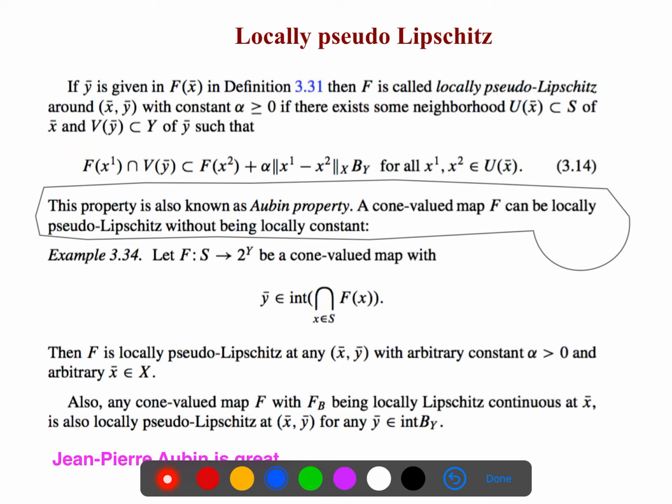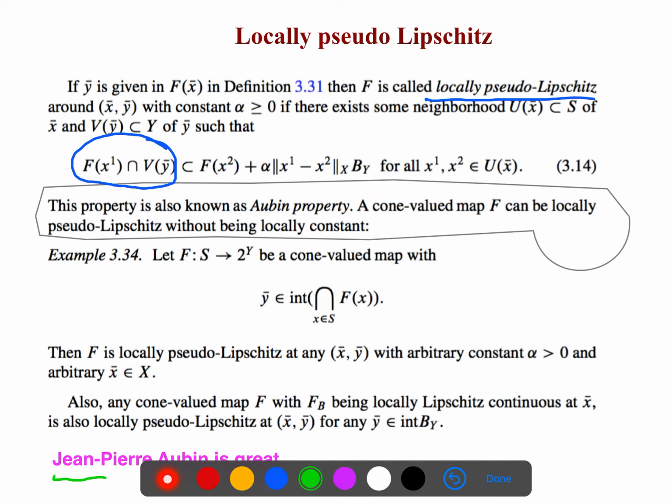And of course, we can generalize it. If we just take the intersection between F of x and V, then this new concept, which is called locally pseudo-Lipschitz, defines a set-valued map that is not constant locally, and it has some useful properties.